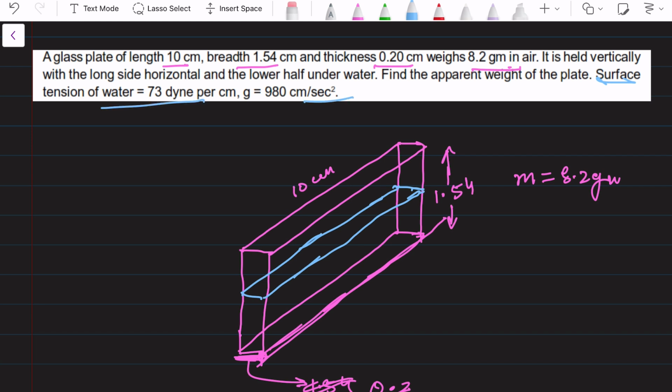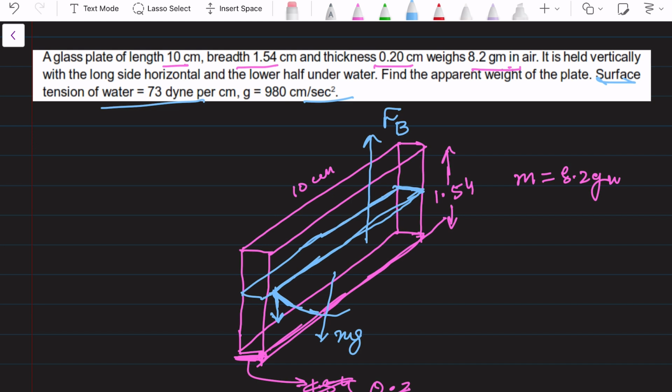Now in this apparent weight, one is mg, one is the buoyancy force. But along with the buoyancy force, there is a surface tension force also. Here the liquid surface is like this way, so the liquid is pulling it down, and this surface tension force will be on this side and this side.